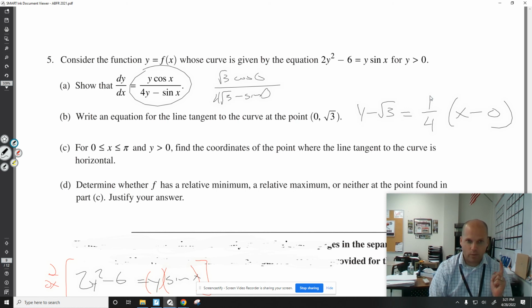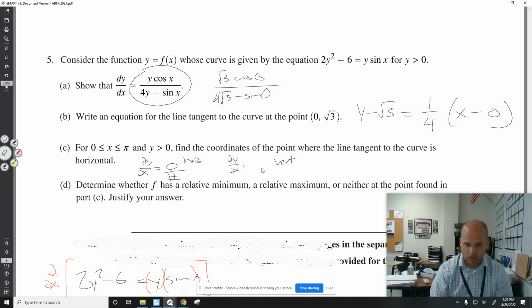Okay. When do I have a horizontal tangent? This is important. Dy dx is 0, horizontal. Dy dx equals undefined, vertical. 0 over a number is 0.